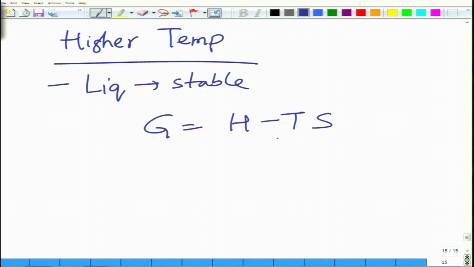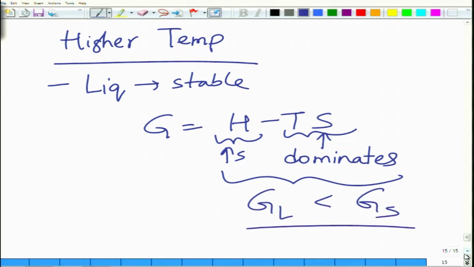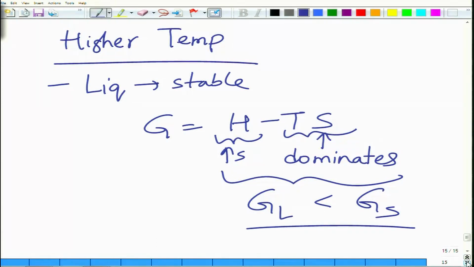So, again this entropy term dominates over the H term. So, H increases, but S also increases. The competition between these two makes Gl lower than Gs at higher temperatures, whereas at lower temperatures Gs is lower than Gl in general. We will look at a few systems later on. So, at higher temperature the entropy term dominates, at lower temperature the enthalpy term dominates, giving rise to stability of solids and liquids at lower and higher temperatures.